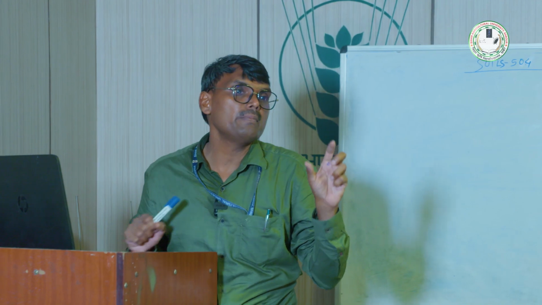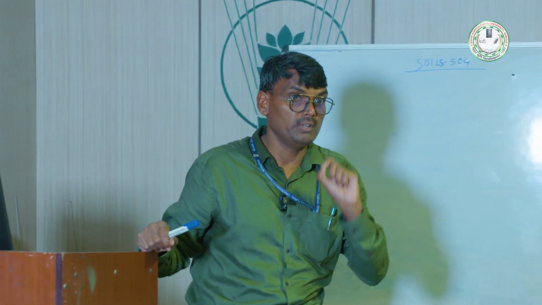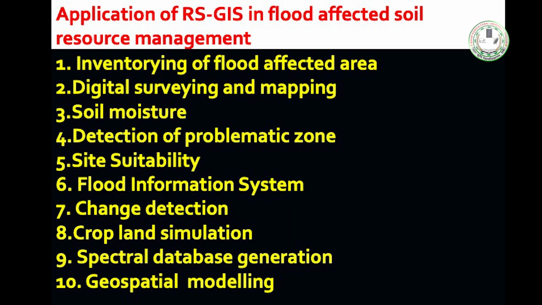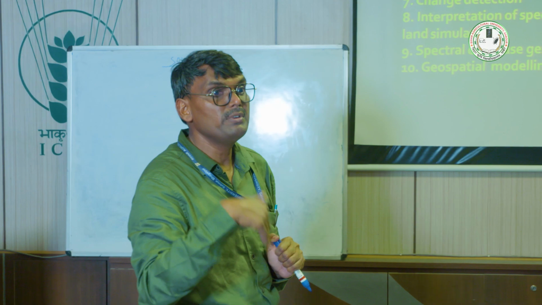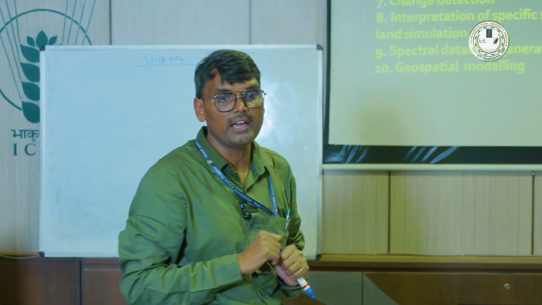Detection of problematic zone, what does it mean? By using remote sensing and GIS techniques, we can judge what is the problematic area where land use planning should be applied, what contingent plan may be promoted in the affected area.